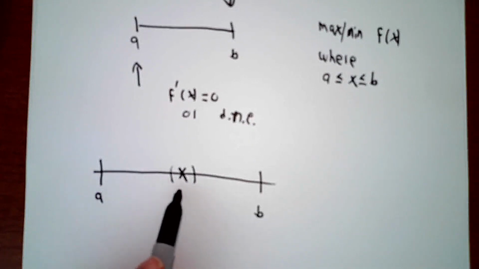Every point in this smaller interval is a point of the bigger interval. In particular, the one in the middle is also. We didn't use this language, but we'll call such a place an interior point of the set from a to b.